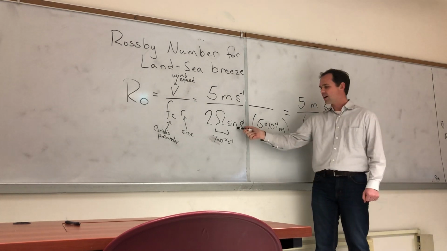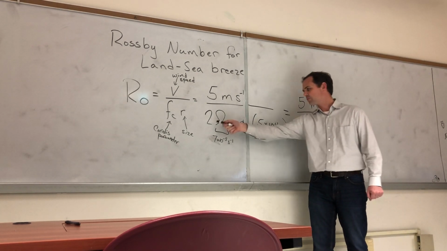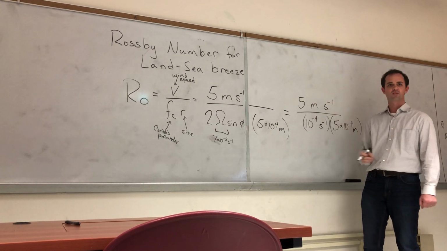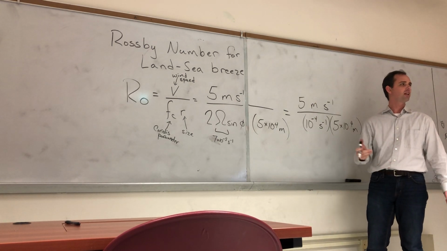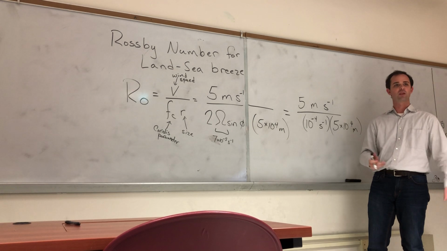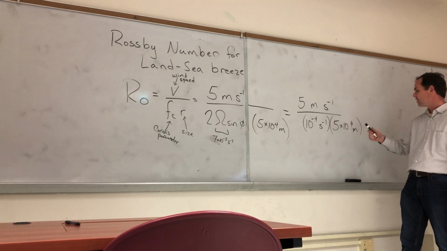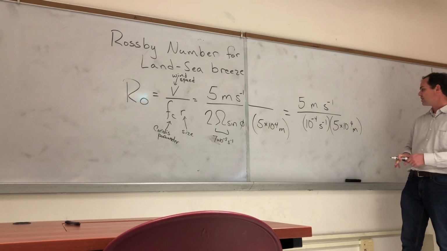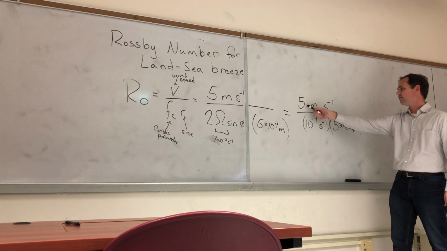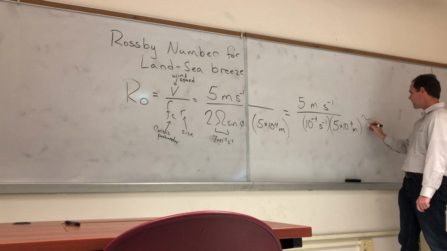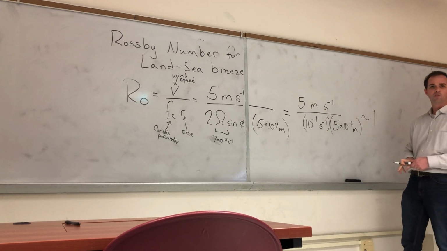I don't know at what latitude the Coriolis parameter comes out to be 10 to the minus 4, but that's about the right magnitude for the mid-latitudes. I'm, again, doing a rough estimate here. Because I have 10 to the minus 4 and 10 to the plus 4, I end up with a value that is about 1.